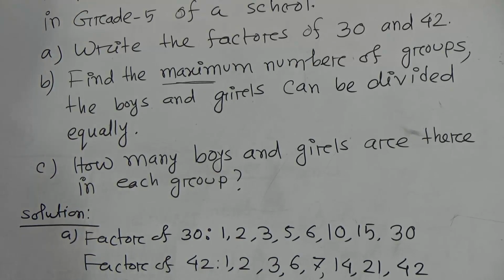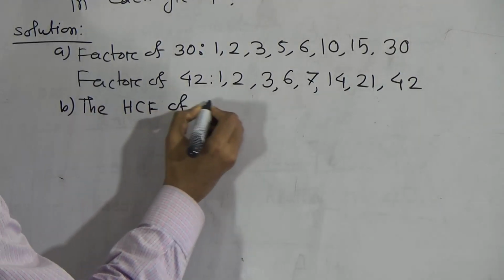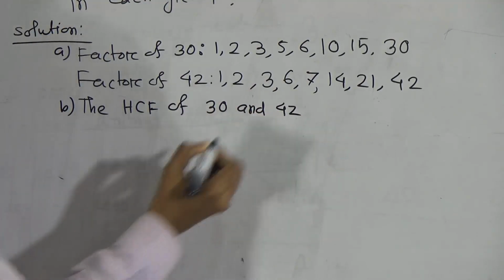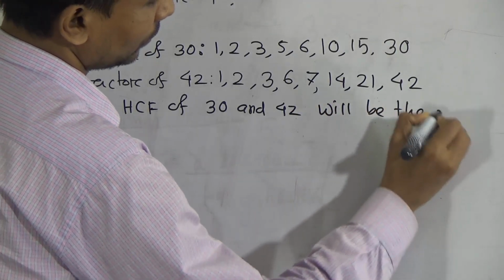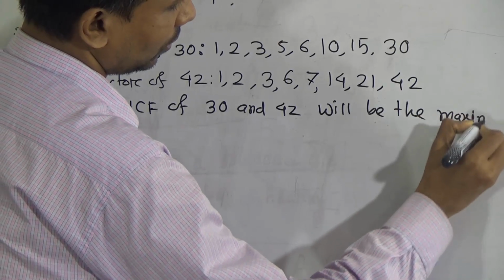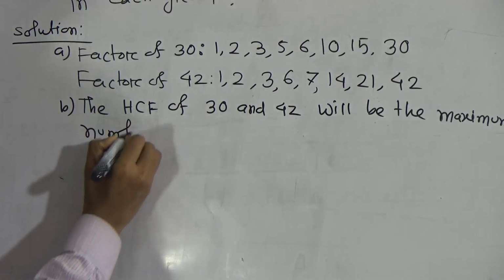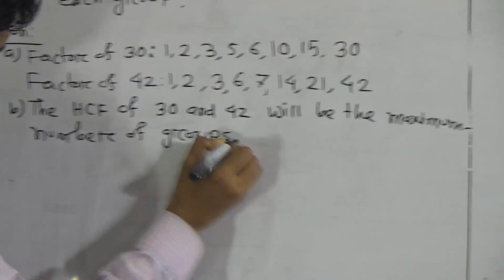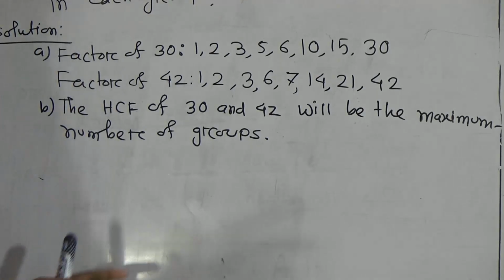Now write the HCF of 30 and 42 will be the maximum number of groups.